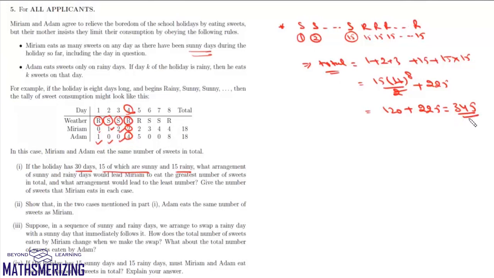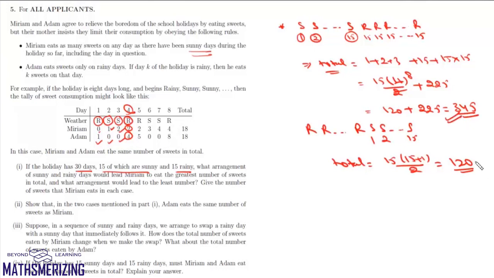Now this number will be minimum when we have first 15 rainy days and then last 15 sunny days. So now she'll get 1, 2, 3 up to 15. So here total number of sweets she'll get is 15 into 15 plus 1 by 2 and there'll be 120. So for Miriam, greatest number is 345 and the least number is 120, and that's your part 1.